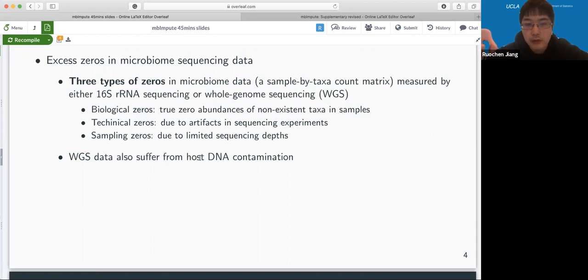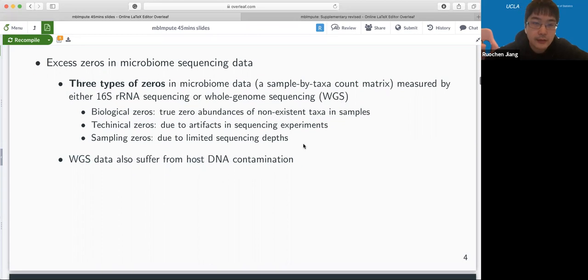For example, in human microbiome studies, human DNA will make up a large proportion of the sequencing. If we only care about the microbiomes, we need to get rid of those DNAs. However, because there is a fixed sequencing depth, this will lead to more zeros in the microbiome abundance.